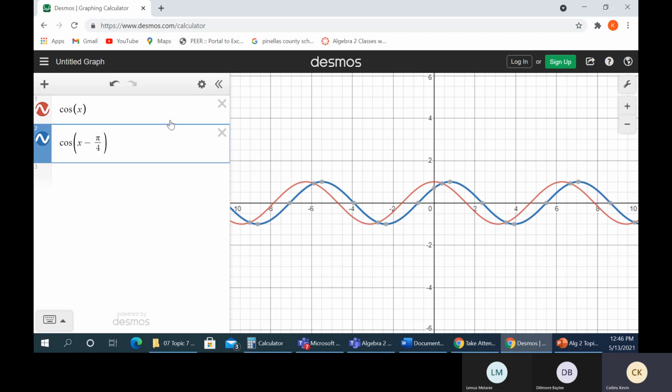Now, as we predicted, the period is 2 pi, right? So one cycle goes down and then back up, and when it goes back up again, notice where we're at. We're at 2 pi. Okay? And it'd be the same thing here, except moved over slightly. So this one here, we're at pi over 4, and here we're at 9 pi over 4.